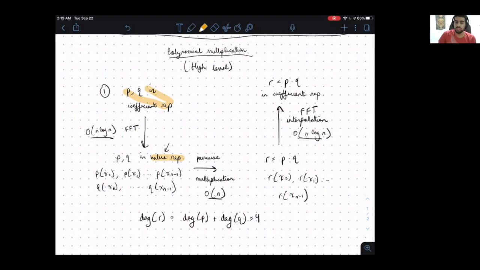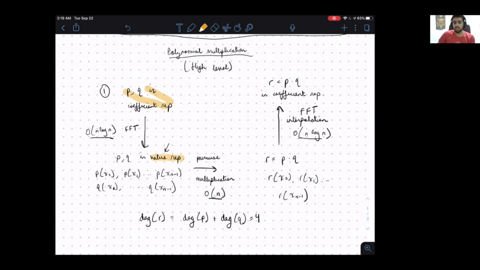This duality between the coefficient representation and the value representation relies on a statement you've learned from CS70, which is that if we have a polynomial of degree n, then with at least n plus 1 points, we can uniquely identify the polynomial just from those n plus 1 points.